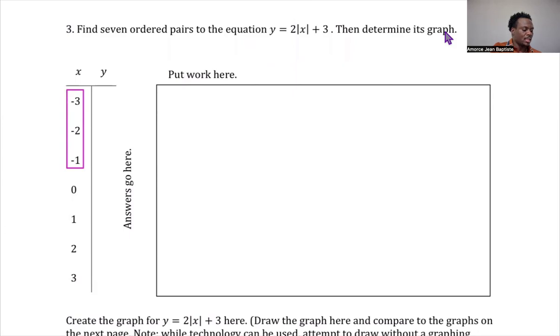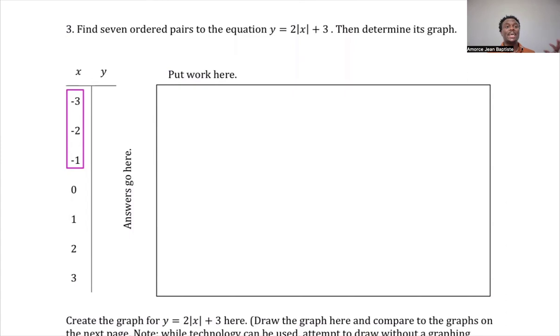So we're going to try to find the y value for x equals -3, -2, and -1 manually. Basically, what I'm trying to do here is find some values of the function at certain values. As you can see, I look for it when x equals some negative numbers, when x equals 0, and when x equals some positive numbers.